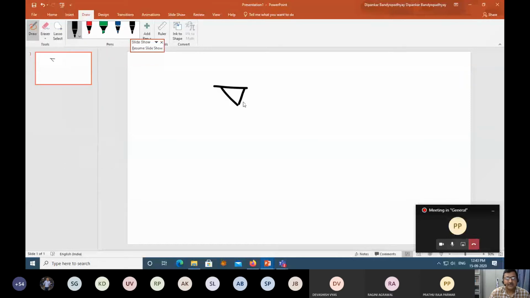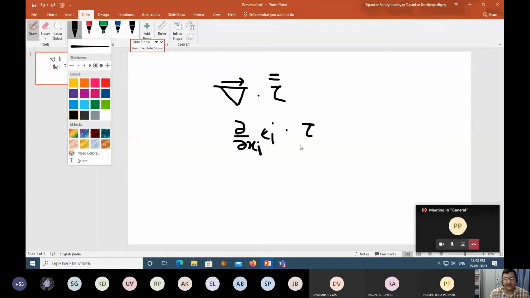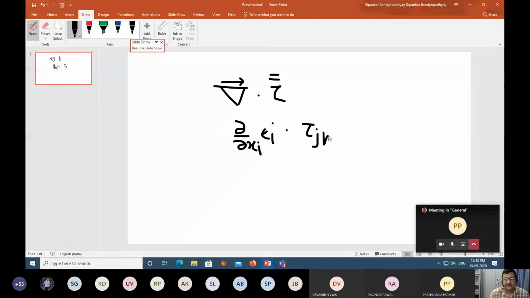So the gradient operator, and I'm taking divergence of a second order tensor, tau. Generally, if you write a second order tensor, you give two lines like that, and for a vector you give one line. So we can write this as del del xi ei, and then I can do a dot product with tau jk, I cannot use i here, so I use jk, with ej dyadic ek.